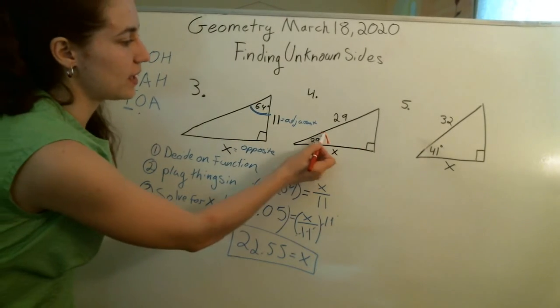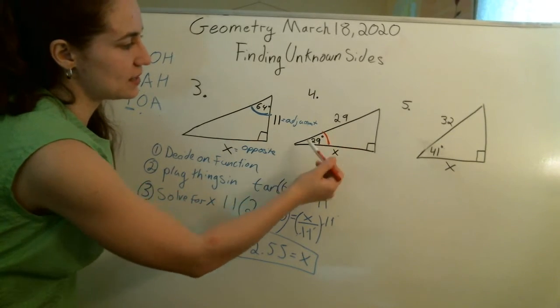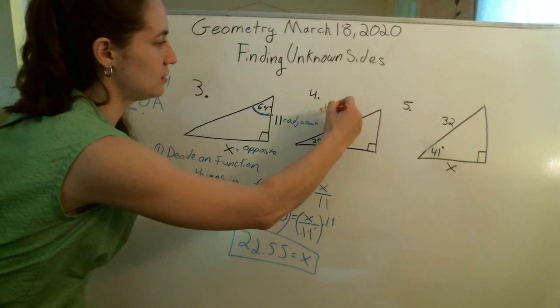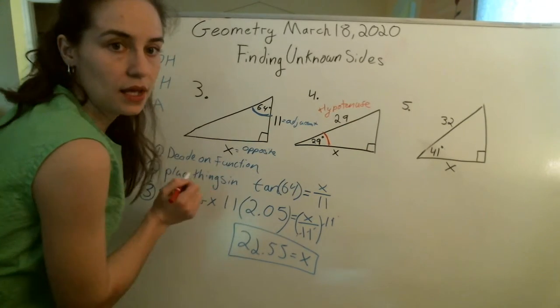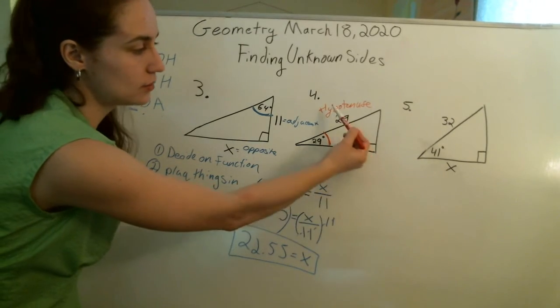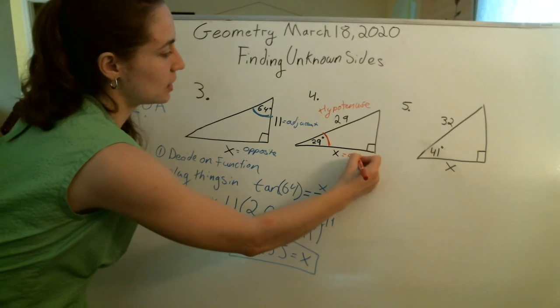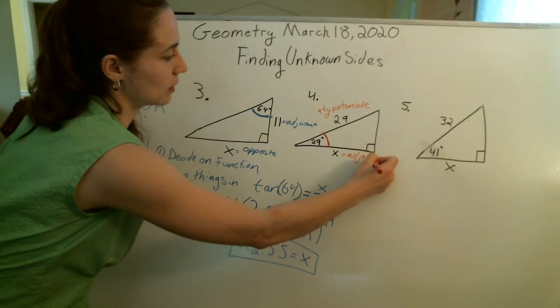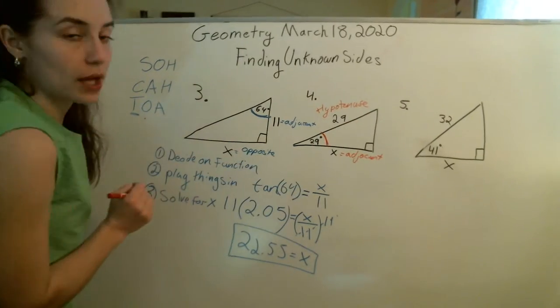So what's the relationship of 29 in this triangle? That's the hypotenuse. It's across from your right angle. And this one must be your adjacent, because it's right next to your angle. The opposite is not here, and we don't need it.